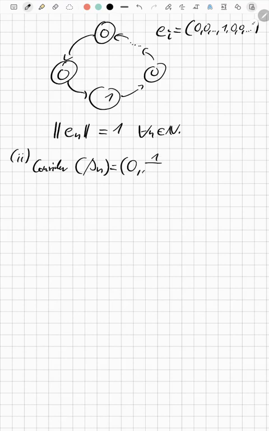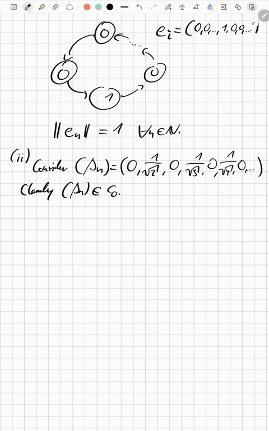We have a 0, and then 1 over square root of 2, 0, 1 over square root of 3, 0, 1 over square root of 4, 0, and so on. You then have a 1 over square root of 5, 1 over square root of 6, and so on and so on. Clearly, beta_n is an element of c_0, right? And it is not in J, however.